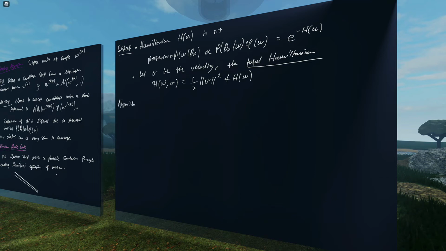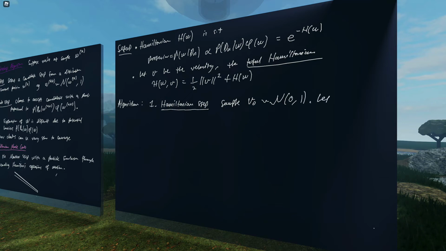So the algorithm proceeds as follows. As I said, the key idea is that we replace the Markov step with a particle simulation. So number one, the Hamiltonian step. We start by sampling an initial random velocity according to something like a normal distribution.